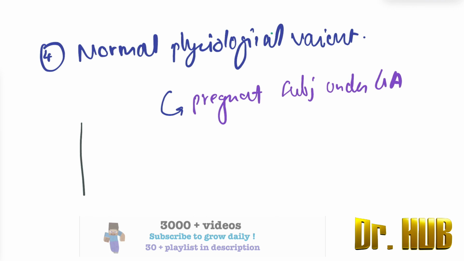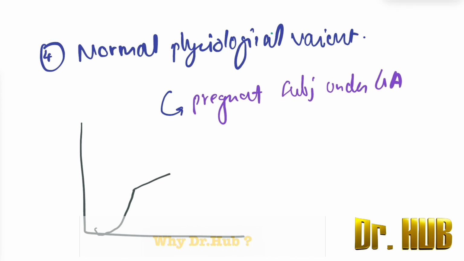So how does this graph look? It slowly peaks, then there's a sudden increase, then a gradual increase, then a depression, and this continues. So this is the normal physiological variant. It is similar to that of the bronchospasm or the obstructive airway.